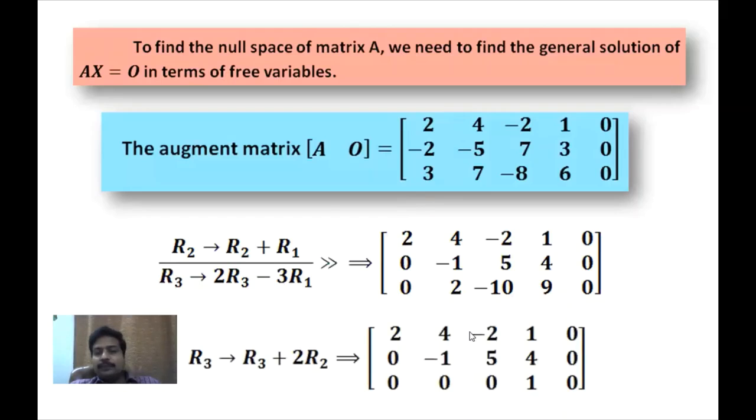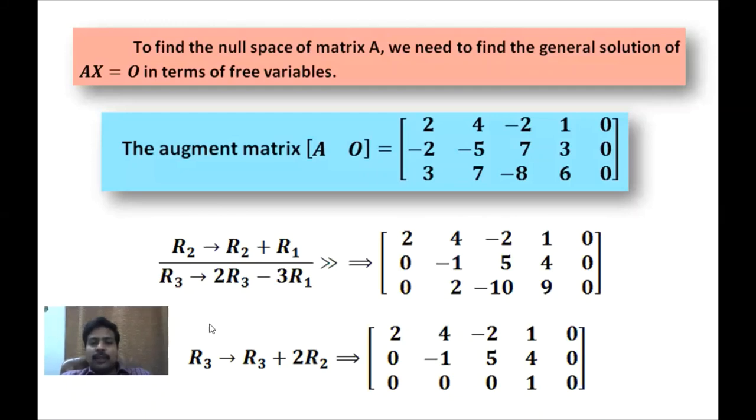So here, this term is to be made 0. For that, we are doing R3 goes to R3 plus 2R2. Here it is minus 1. If you multiply with 2, you will get minus 2. After that, you can add it to get a 0.